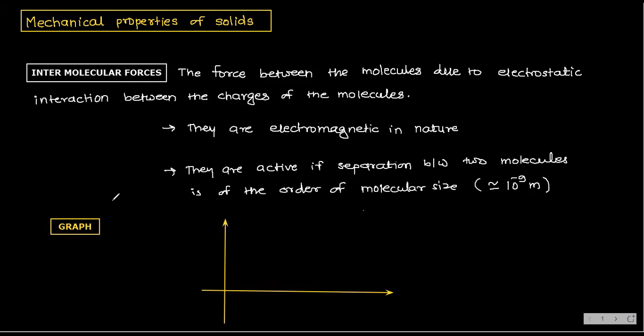So on the y-axis, I am taking force, and here I am taking distance r. If I plot the graph, as you increase the distance, the force is going to reduce, and then it goes into the negative region.